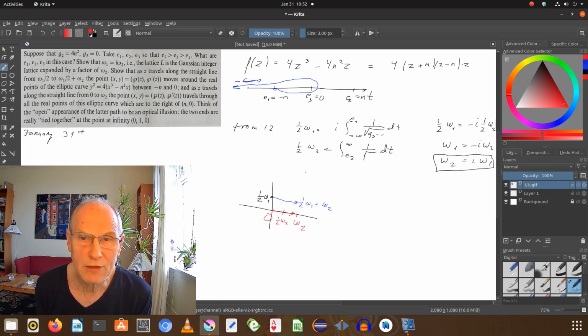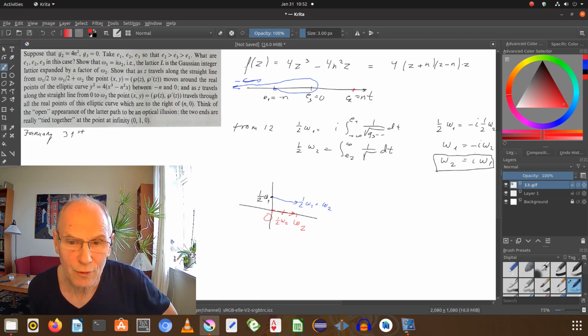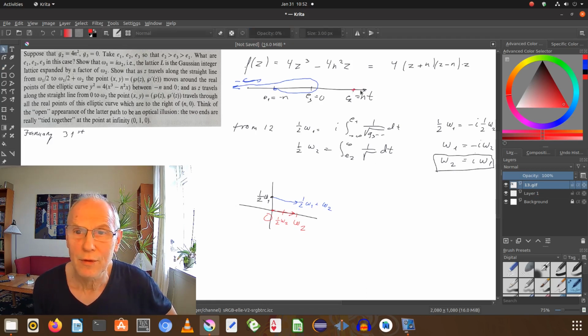Half omega 2, that's this point. So from omega 2 to 0, that was this integral.